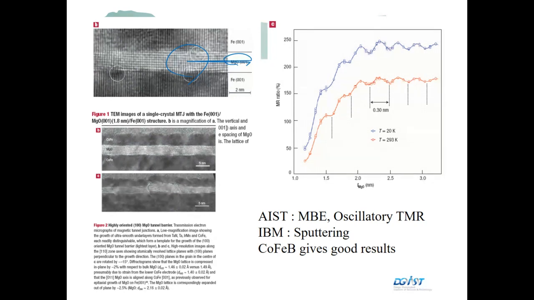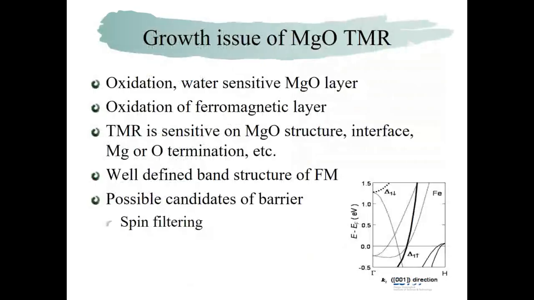This is a real story. At that time, many students just quit their laboratory because they failed the growth of the MgO layer. It's very hard, very tough. So anyway, there are many key points to growing the MgO layer, and now many labs can successfully grow the MgO layer, but still it is not a very easy task.